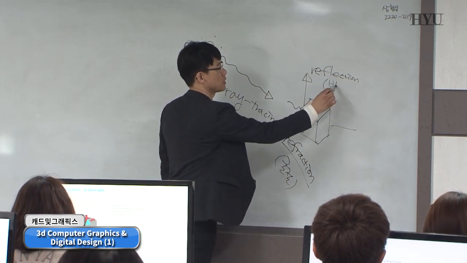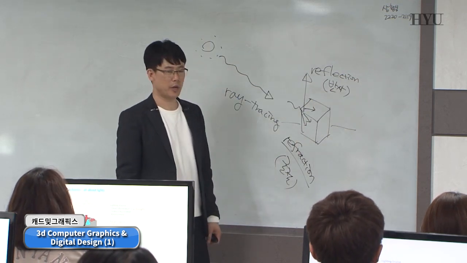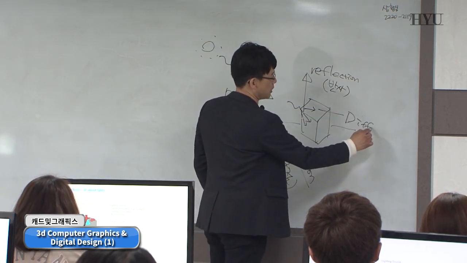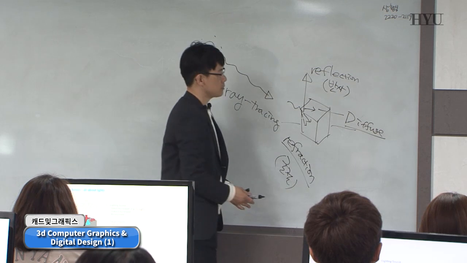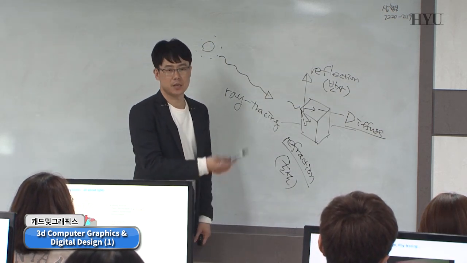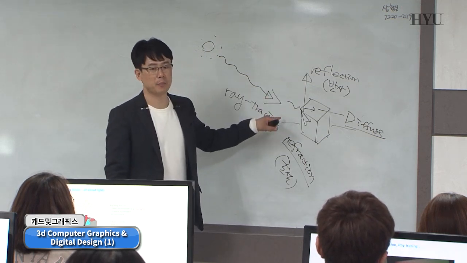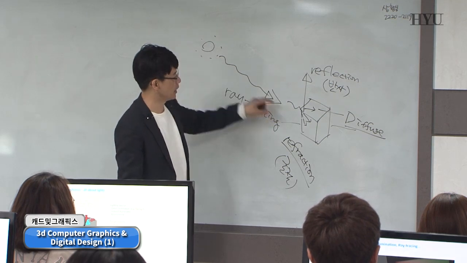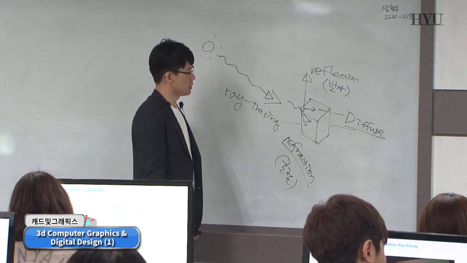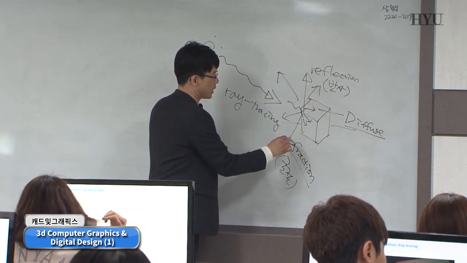And this is the meaning of reflection and refraction, and surface diffuse. A very complicated physical interaction happens between the lighting and the target object: refraction, reflection, diffuse, lots of mechanisms.